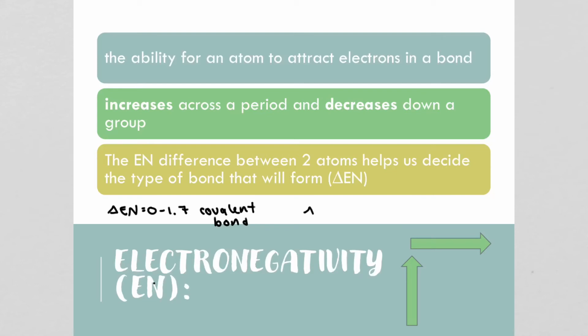And if the delta EN is greater than 1.7, it'll be an ionic bond. But like I said, we're going to spend time on figuring out the types of bonds that form in a later lesson.